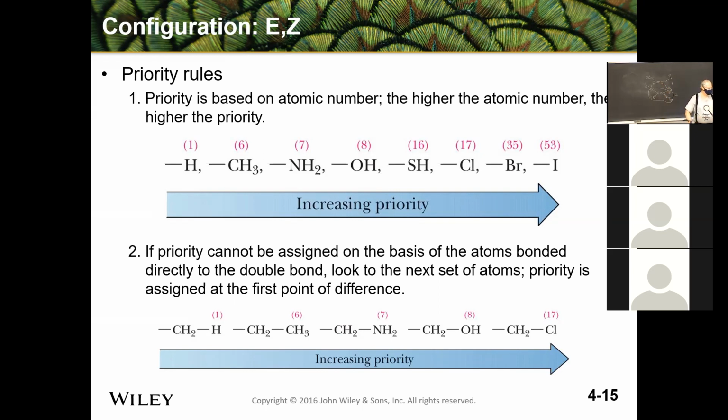So here we have some examples. The higher the atomic number, the higher the priority. And here's some examples of atoms that are directly bonded.